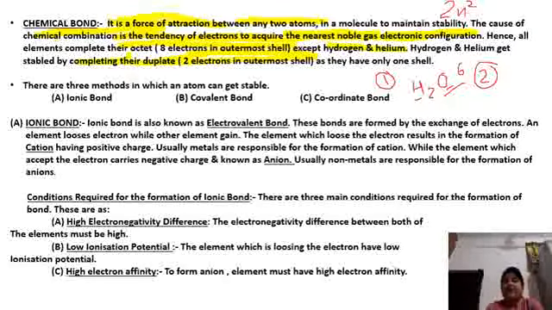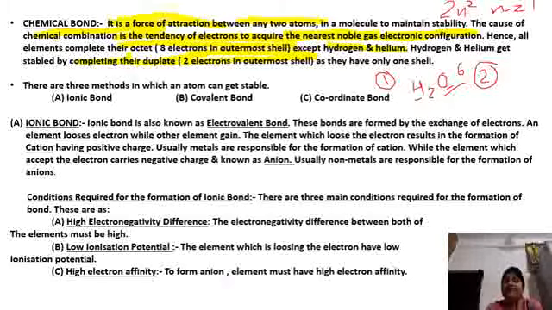If we put the value of n as 1, so in the first shell only 2 electrons can come. Hydrogen and helium have only one shell, so they can't acquire more than 2 electrons. That's why hydrogen and helium complete their duplet while the rest of the elements complete their octet.